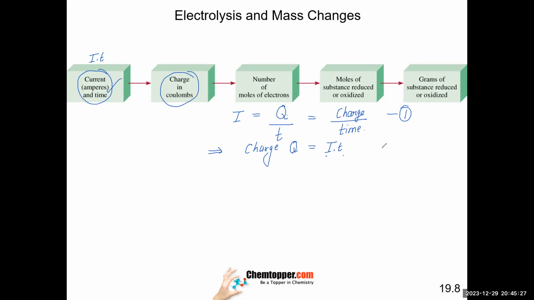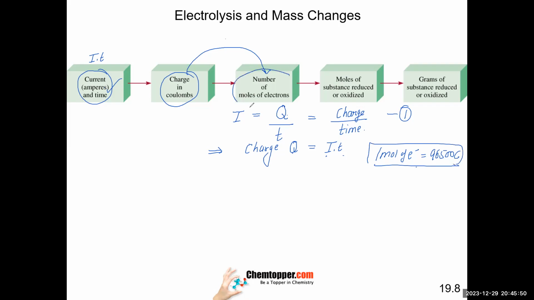But then I know that 1 mole of electrons is 96,500 coulombs. Remember Faraday's constant? I know this. So I can convert my charge into the number of moles of electrons by using this ratio, right?